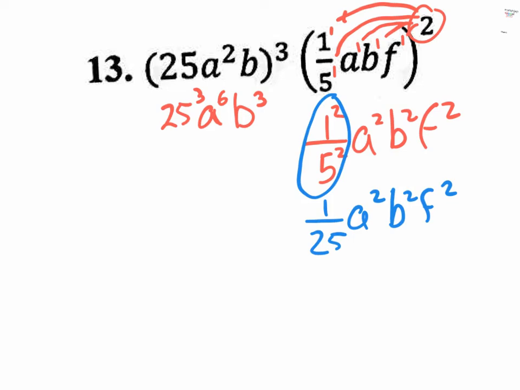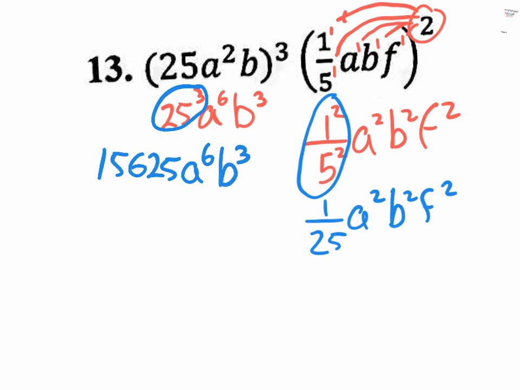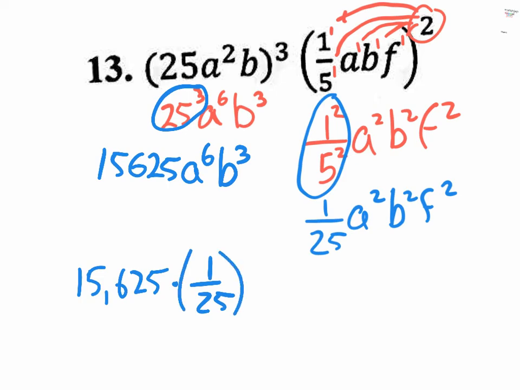That's ugly. Okay, so we have 15,625. I just did this on a calculator. And it's also a to the 6th, b to the 3rd. So what we have to do is take 15,625 and multiply that by 1 over 25. Now multiplying by 1 over 25 is the same thing as dividing by 25.